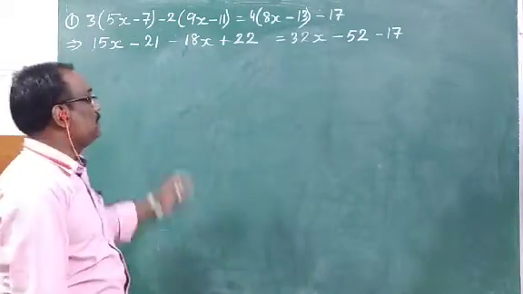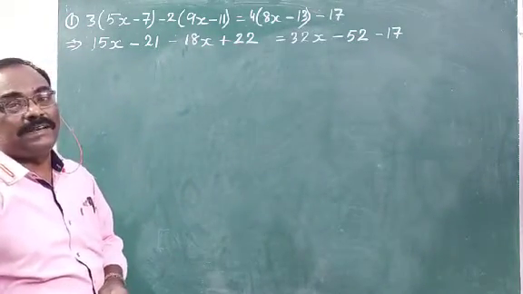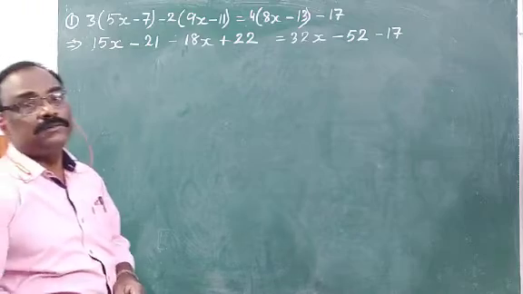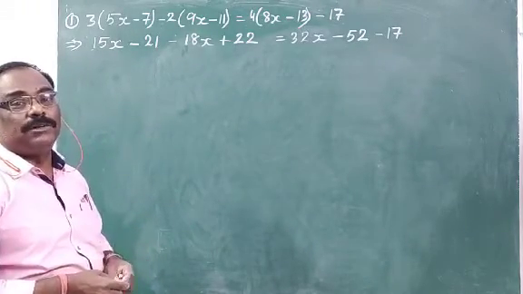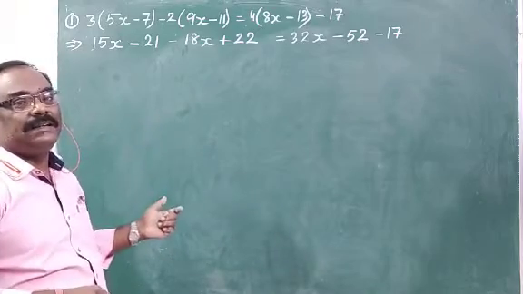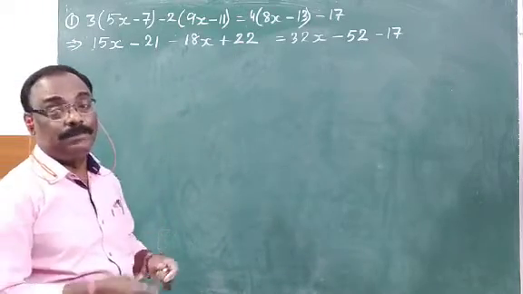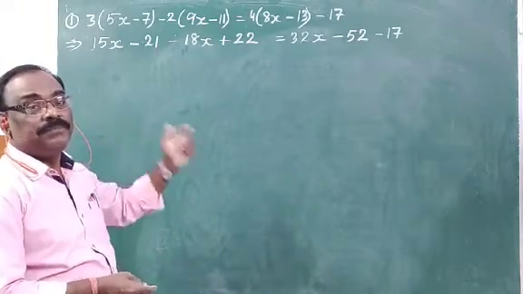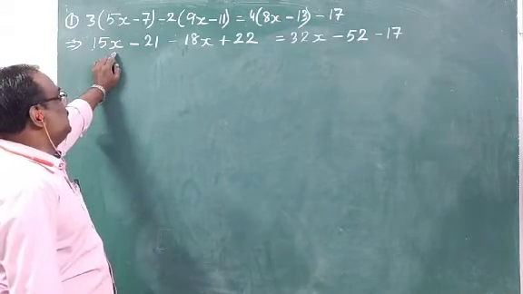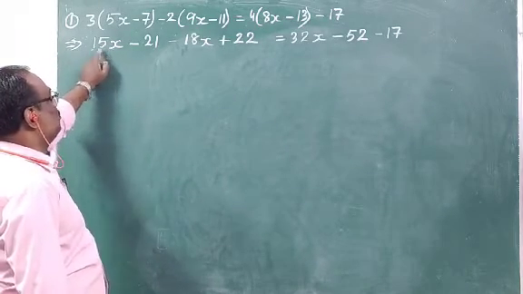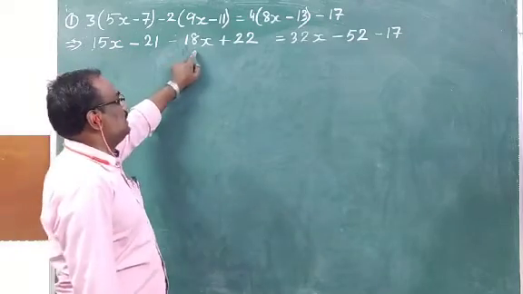Now after multiplying, what shall we do? So we try that we bring all the numbers with the variables towards the left hand side, and the numbers without the variables towards the right hand side. Variables means the numbers with alphabets, that is here you can see x is there, 15x minus 18x.